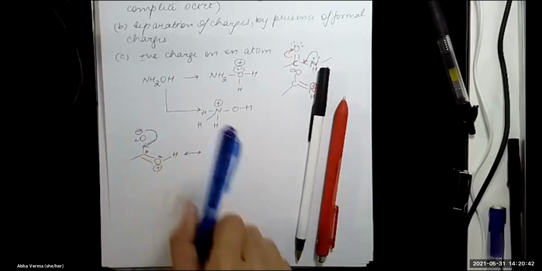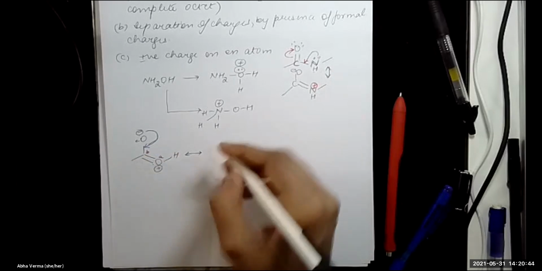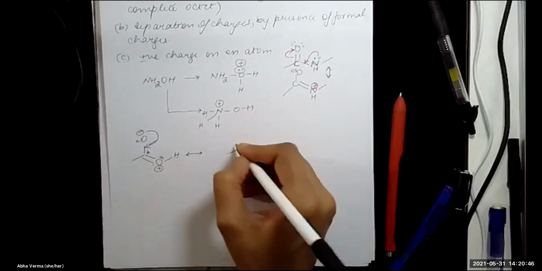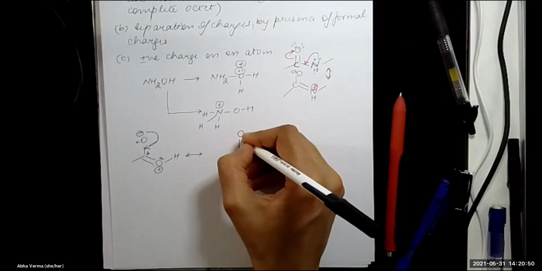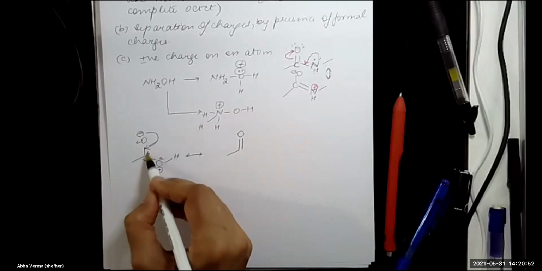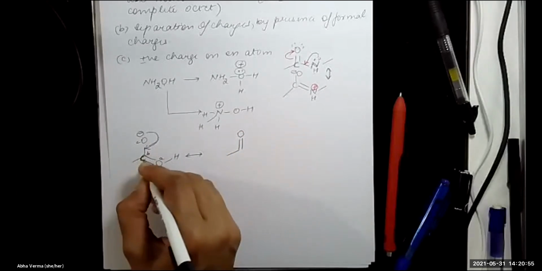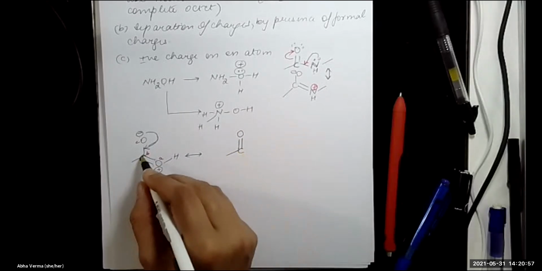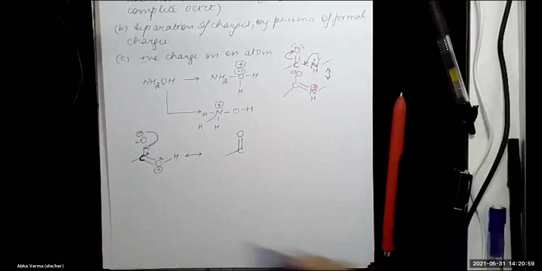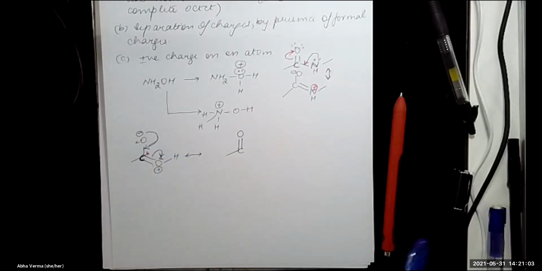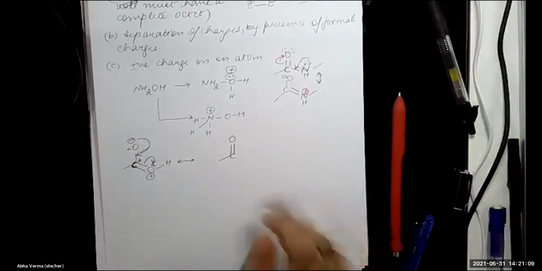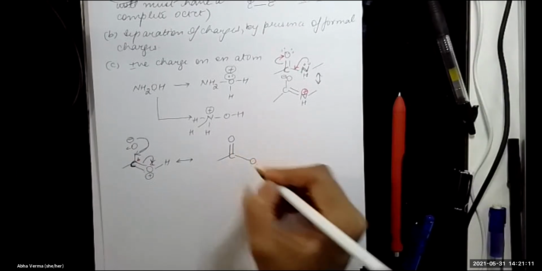So I'm going to make a new bond right here. I'm going to redraw the oxygen, and I will make my new bond right here. But what will happen to this carbon? The carbon will not be able to accommodate a fifth bond, so it will break the oxygen carbon pi bond.